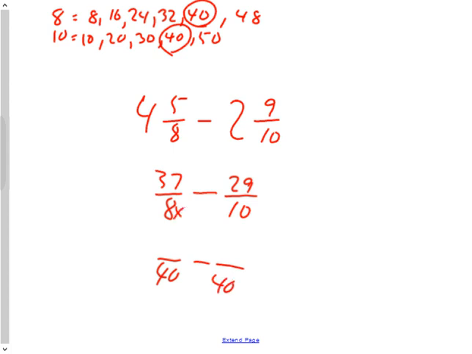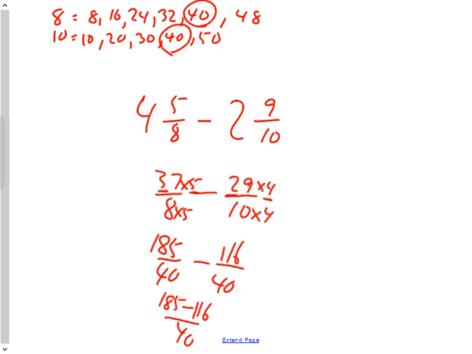I multiply this by 5, and I multiply this by 5. 37 times 5 is 185. Multiply this by 4, multiply this by 4. That's 29 times 4, which is 116. So then I'm just going to keep my denominator and subtract my numerators.